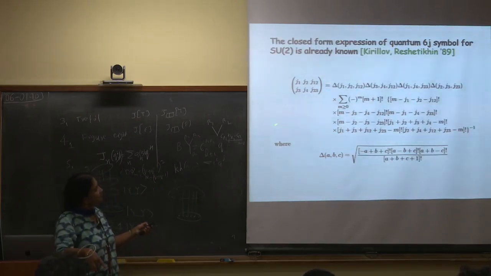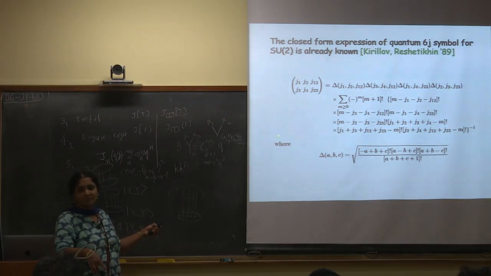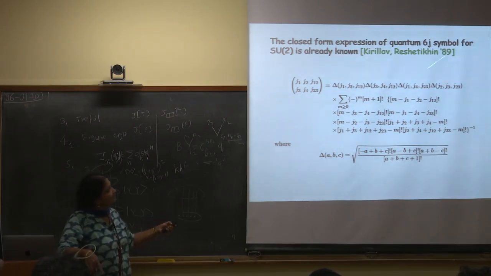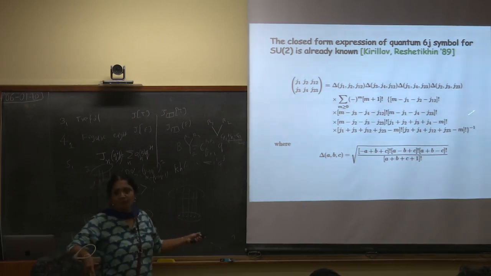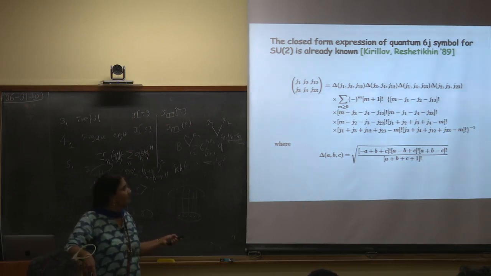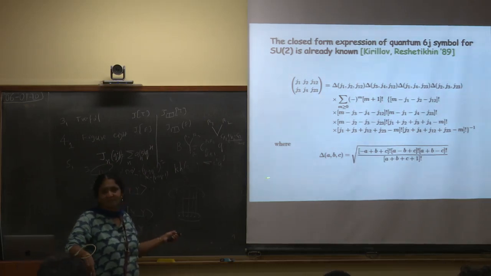This is something I thought I should stress here. Kirillov-Reshetikhin, for this 3 representation associativity law, you can get the 6j symbol in a closed form expression. We wanted to achieve this for SU(N).